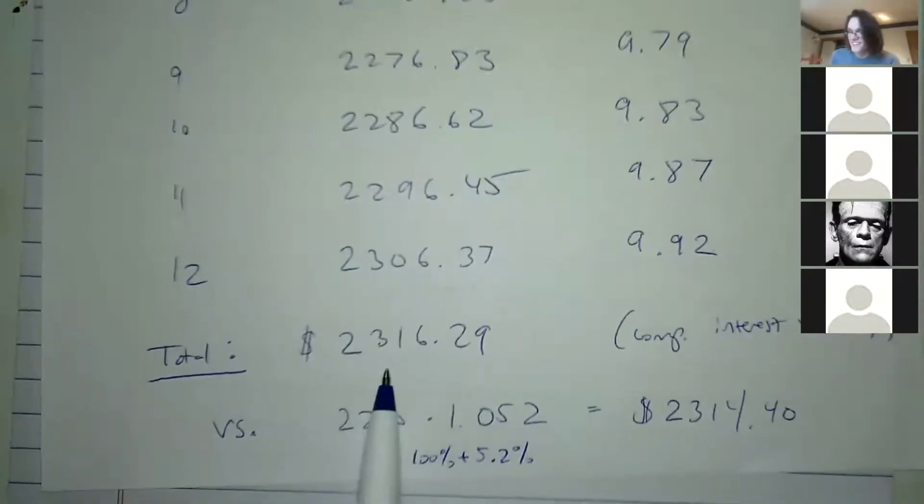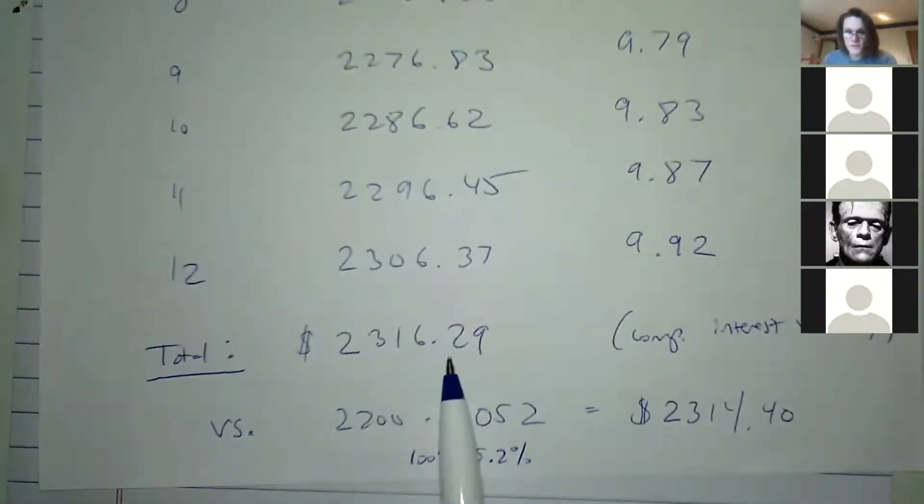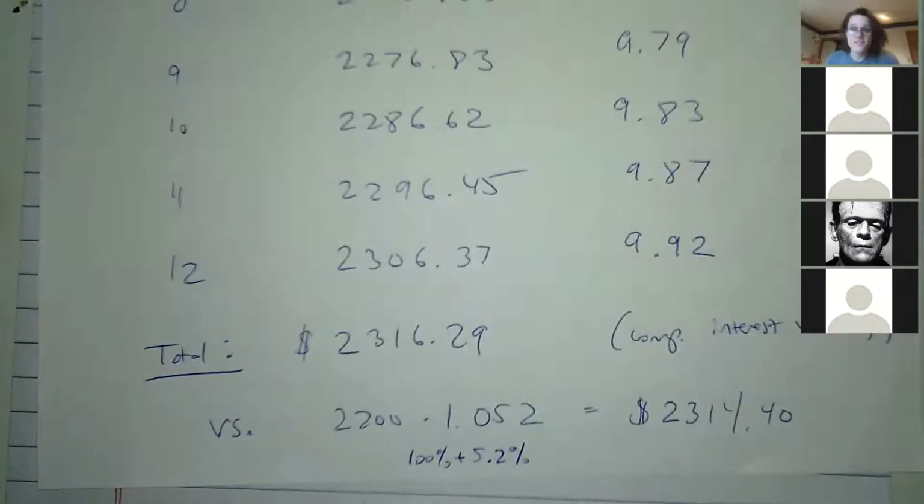And so you'll see that doing simple interest, you don't gain as much interest. So in this case, I only lost about $2 because with the compounding interest once a month, I got $2,316.29. It's like $2. And so it doesn't really matter much here.